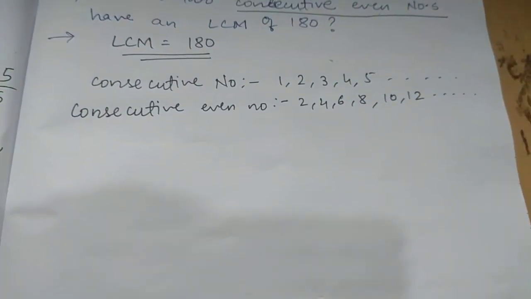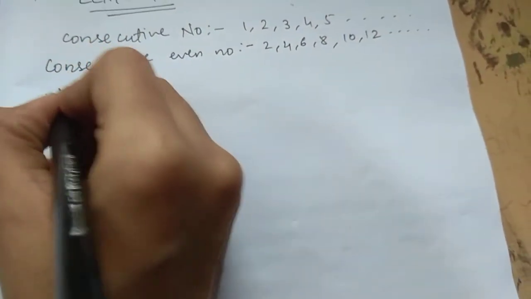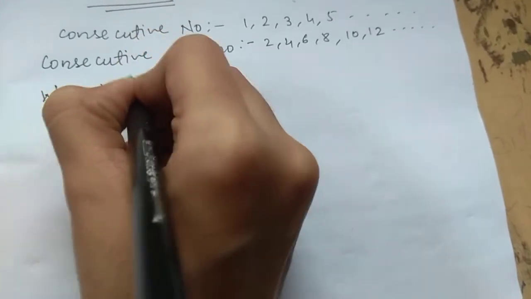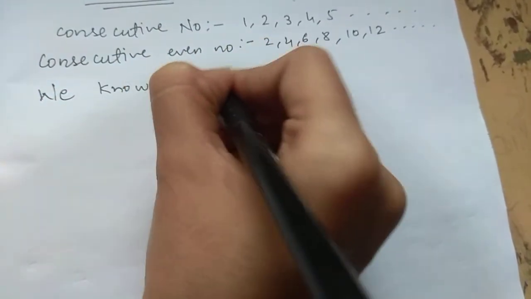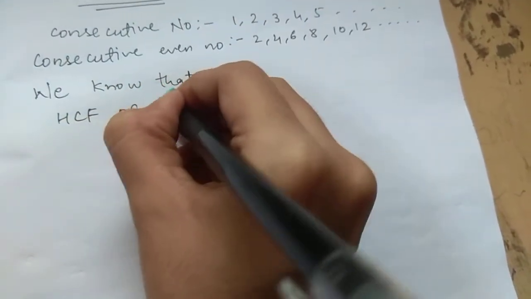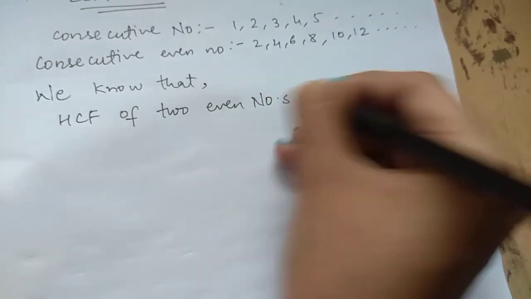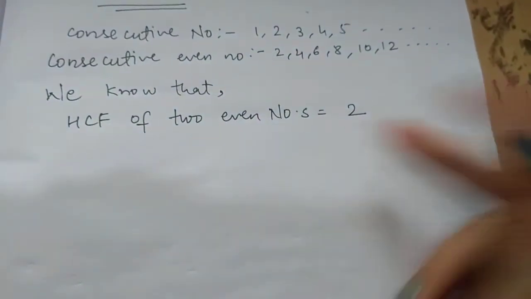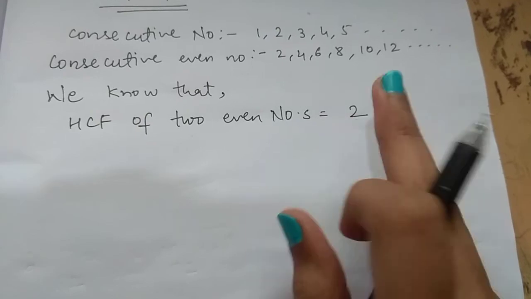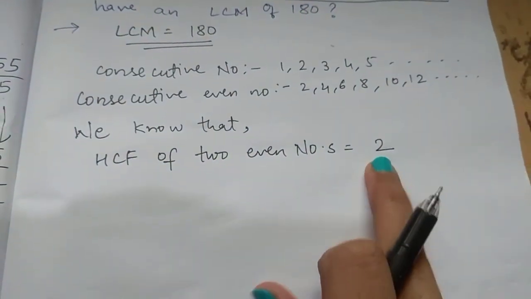Now see, when we are finding HCF of even number, remember we know that HCF of two even numbers is always 2. So we have LCM, we have HCF.